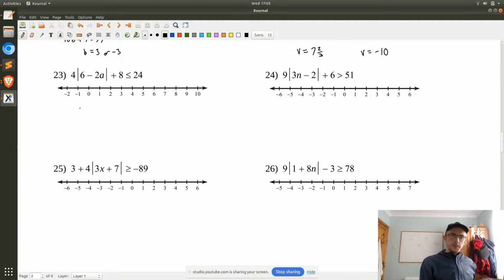Here. Take 8. 6, divide by 4. Solve as a linear.